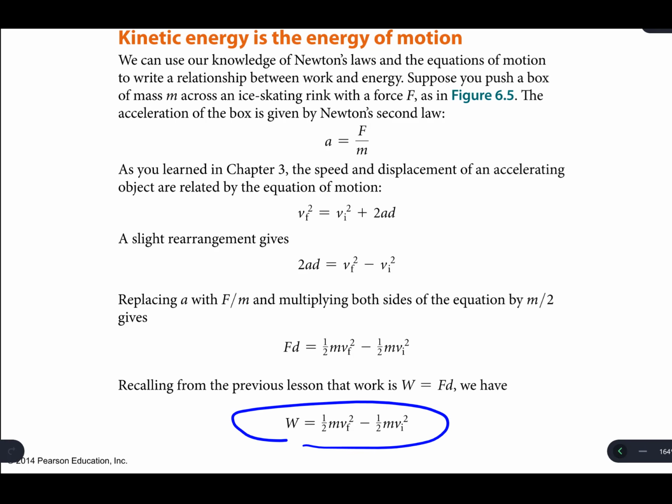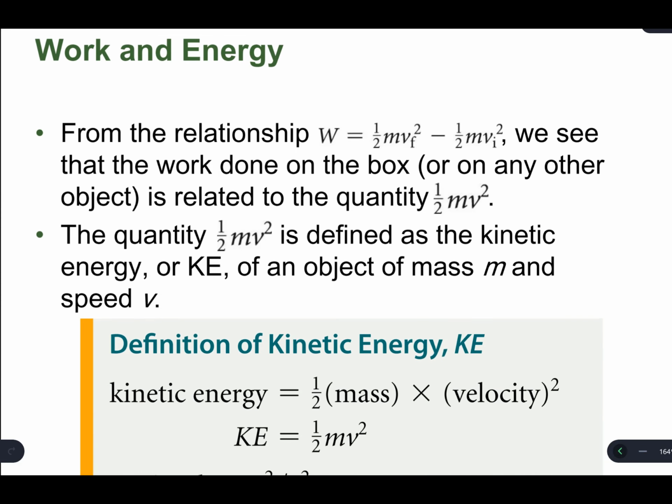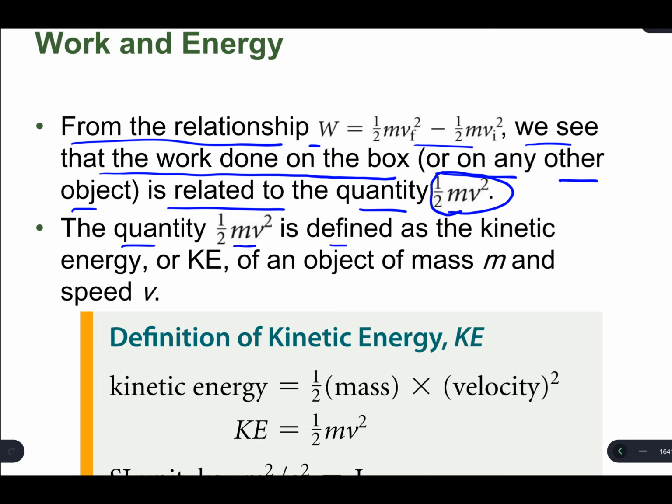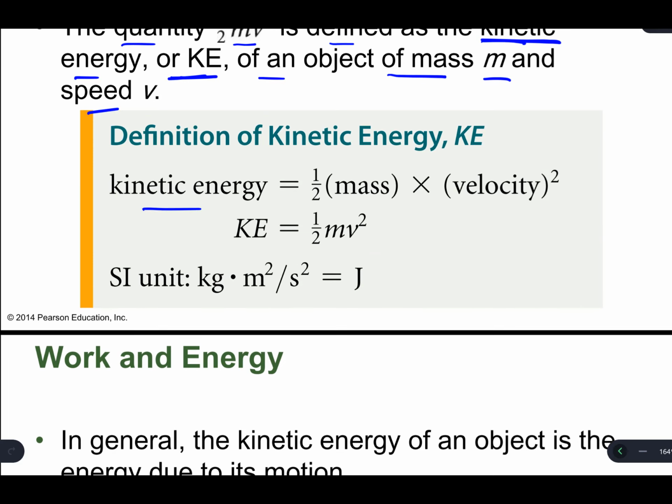This is the proof, and as you see from the relation, W equals half m v final squared minus half m v initial squared, we see that the work done on the box or any other object is related to the quantity half mv squared. This quantity is defined as the kinetic energy, or KE, of an object of mass m and speed v. So kinetic energy is half the mass times velocity squared.